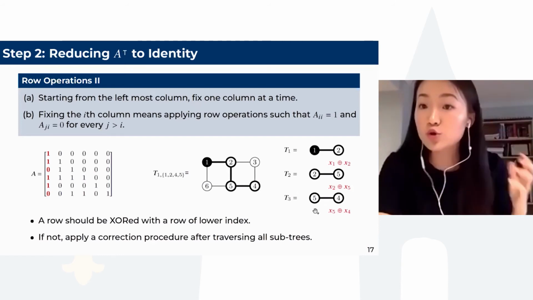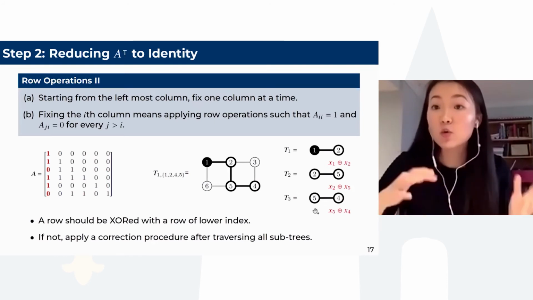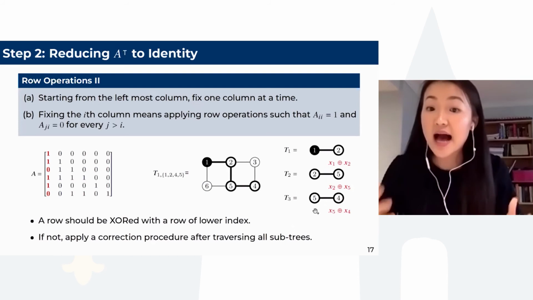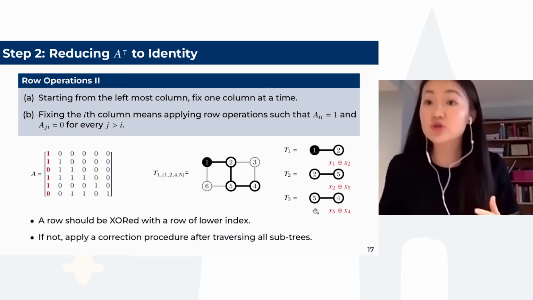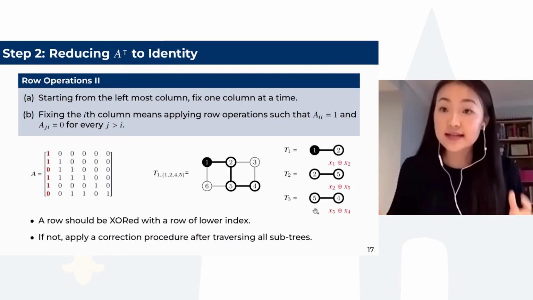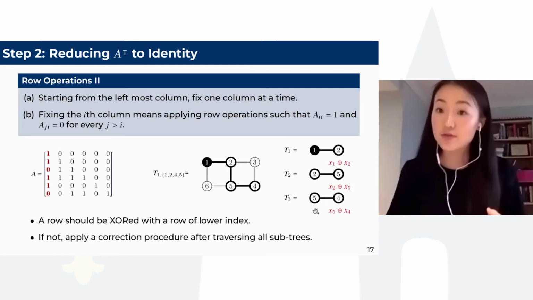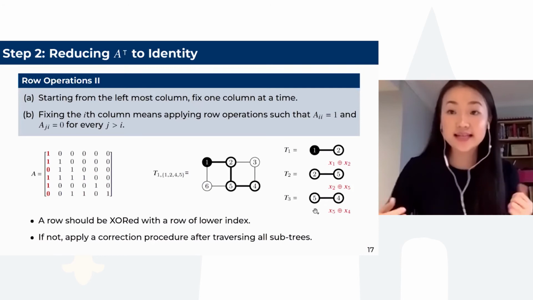So a row should always be added to a row of a lower index. And if not, then we will apply a correction procedure after all of the subtrees have been traversed. So by doing this, we're able to find a decomposition of our circuit, or of our linear transformation, over the CNOT and NOT gates while respecting the connectivity constraint.